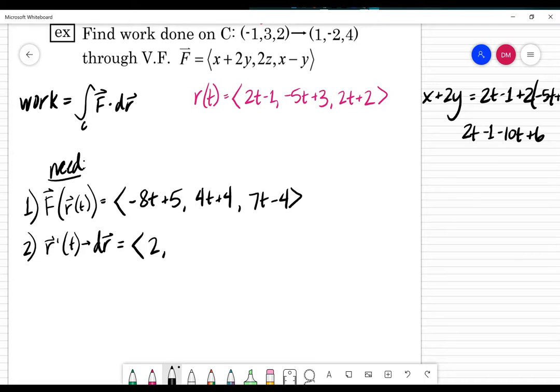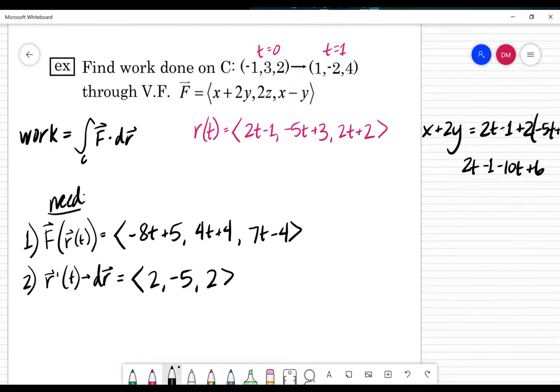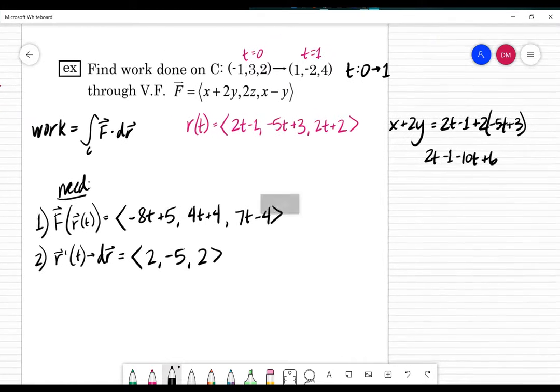So that looks like that will be 2, negative 5, 2. Pretty easy. Okay. Since we defined t as going from 0 to 1, again, anytime you have segments, that is probably the easiest to do. That's kind of the key there.